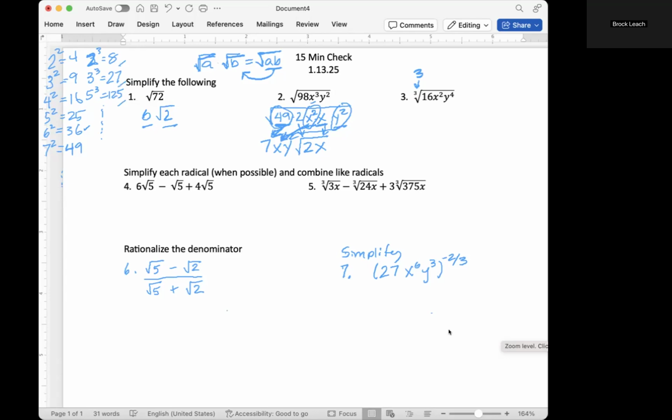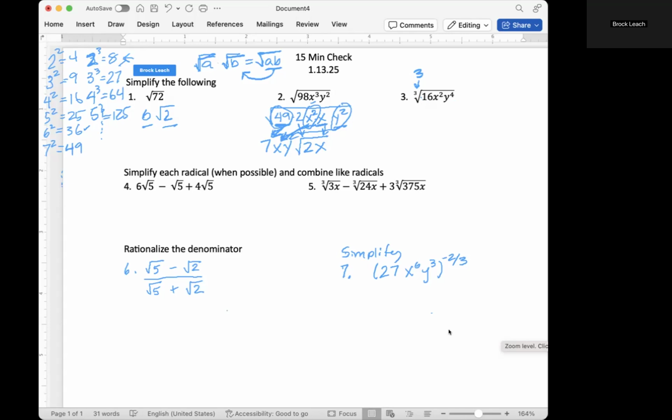Oops, didn't mean to do that. 4 cubed is 64. 5 cubed, so by the time we get to 5, we're already at 125. So there's not very many numbers to check with, especially with perfect cubes. And the first one we see that goes into 16 cube-wise is my first one, 8.